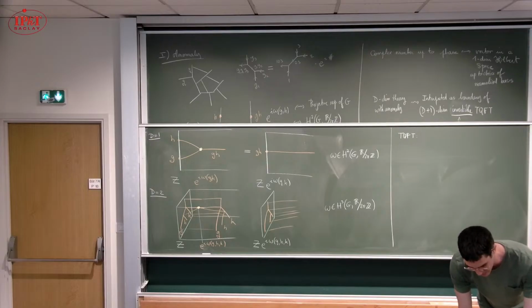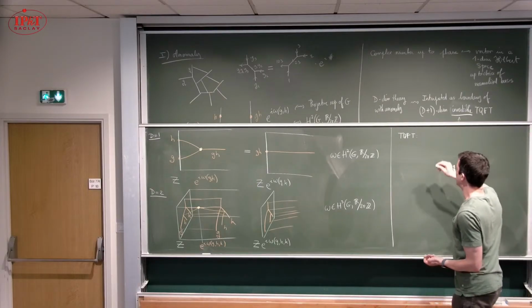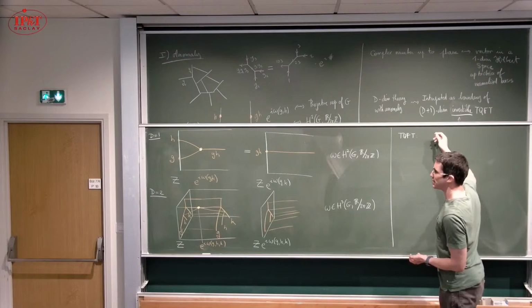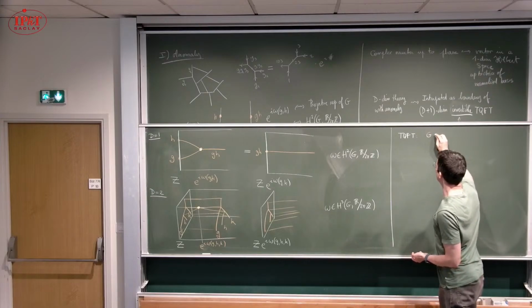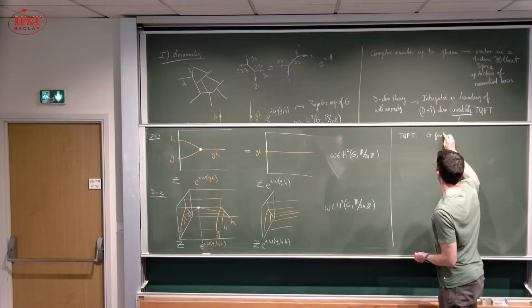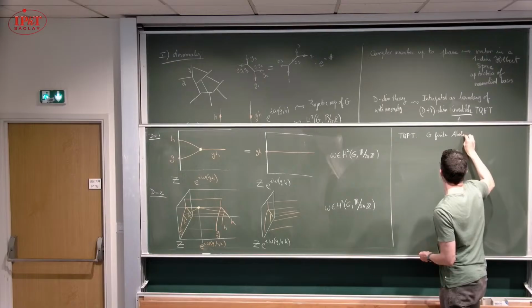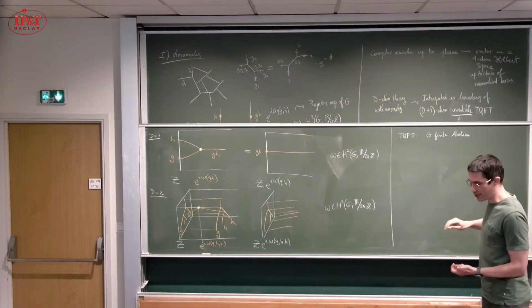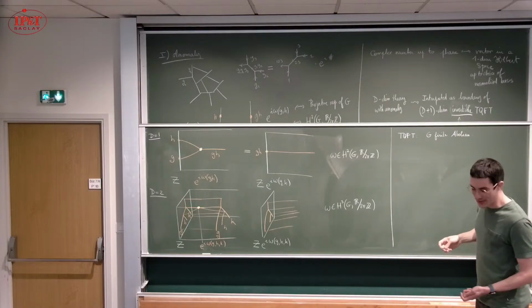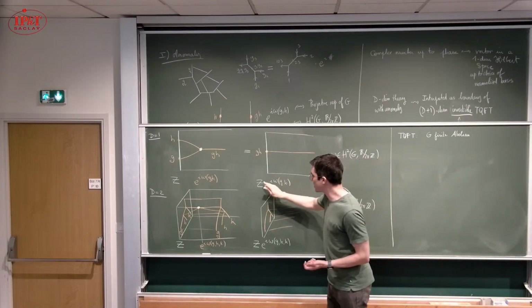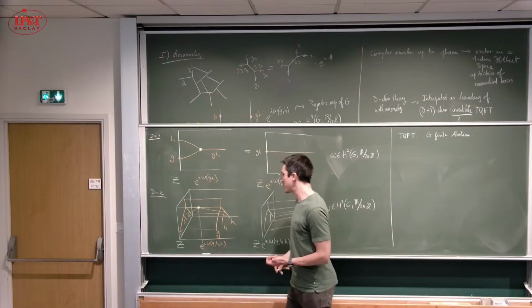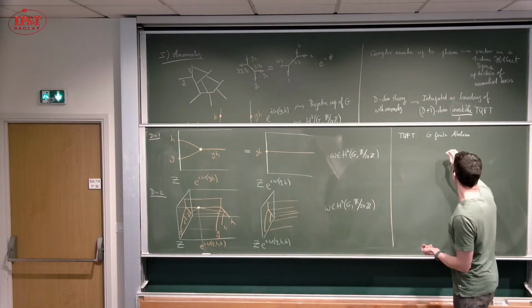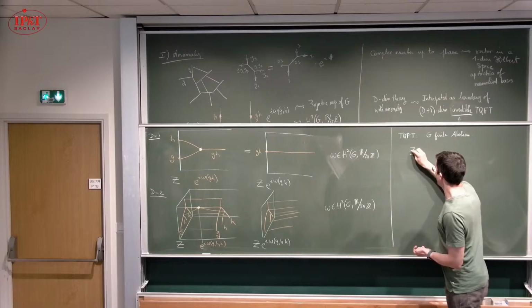So I think maybe I should assume that G is finite, maybe abelian to avoid a problem with signs, but actually these are not very important things, we can generalize. Then we can actually define what this orange thing is. This orange thing is just called the Dijkgraaf-Witten theory.